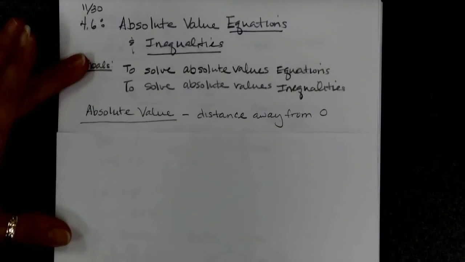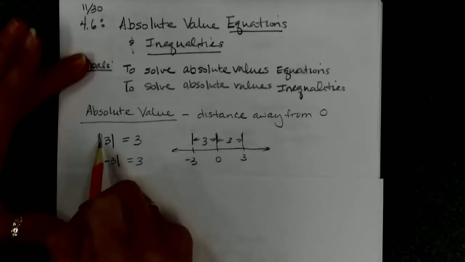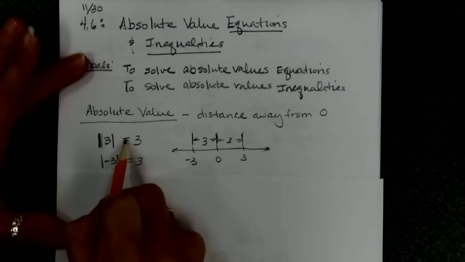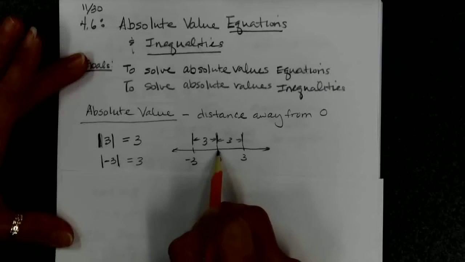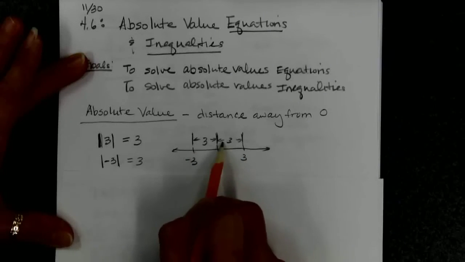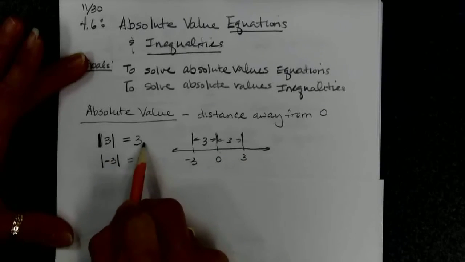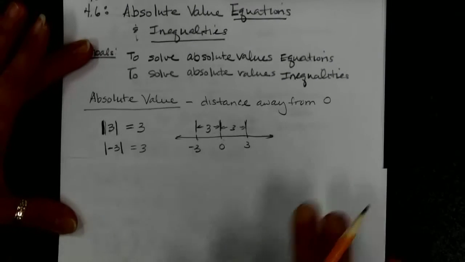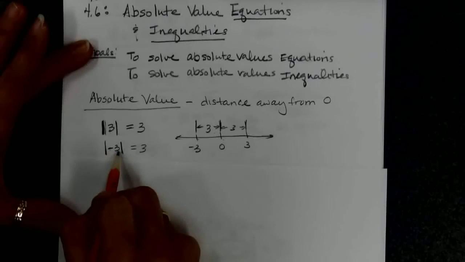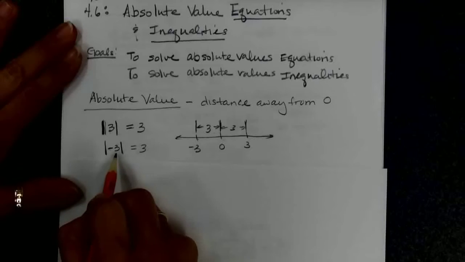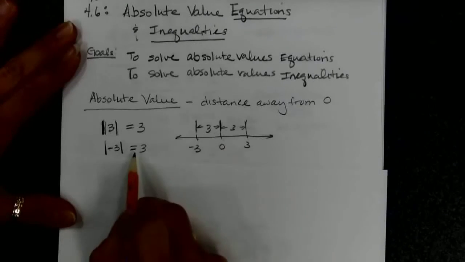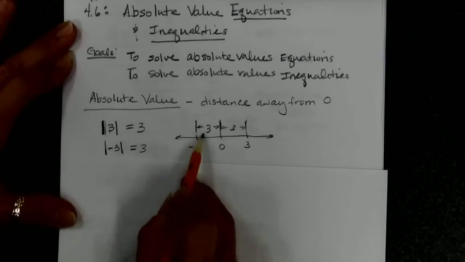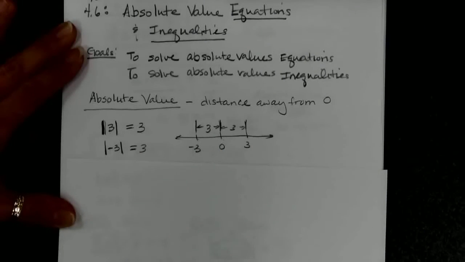So if I asked you what is the absolute value of 3, this is asking how far 3 is away from 0, and 3 is 3 units away from 0, so the absolute value of 3 is equal to 3. And also, if I ask you what is the absolute value of negative 3, well, the absolute value of negative 3 is also 3, because it's 3 units away from 0.